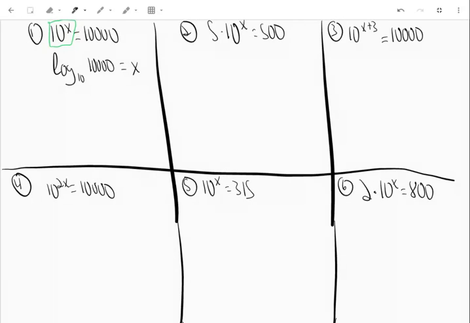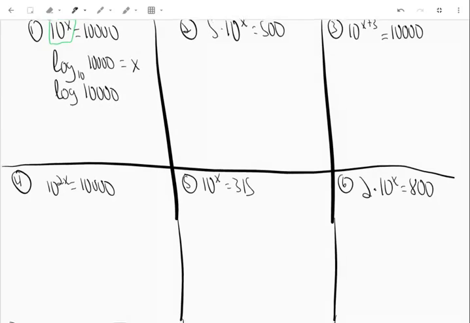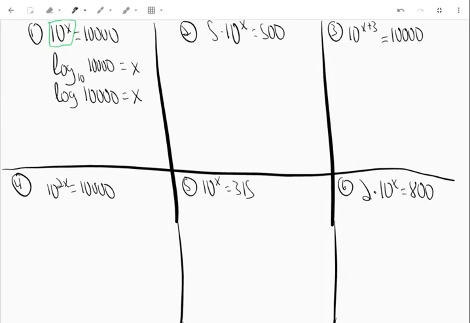Because it's log base 10, we're just going to write log of 10,000 equals x. Now we should be able to do log of 10,000. Log base 10 of 10,000 means 10 to what power is 10,000? And that's going to be 10 to the fourth power. So x, in this case, is going to equal 4.